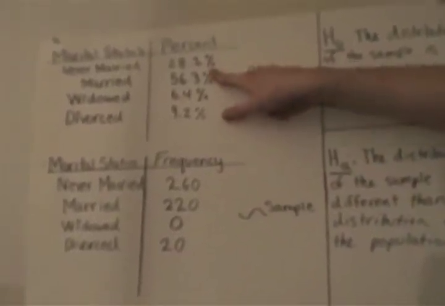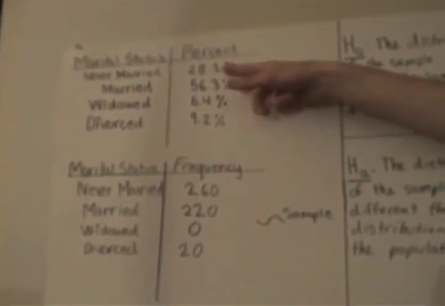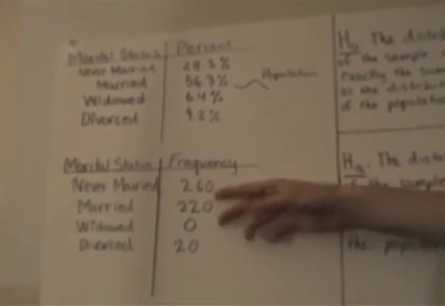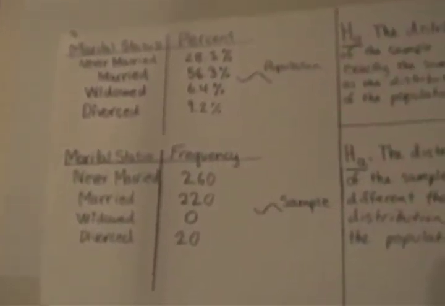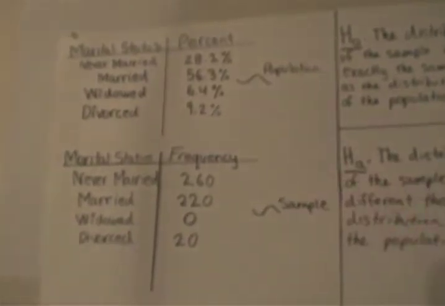If we were to compare these two, we would have to change this to frequency so they would both be comparable. We would just take 28.1% of 500, which is the total right here. In other words, we're trying to find what the expected value for each of these would be if we took a sample of 500.